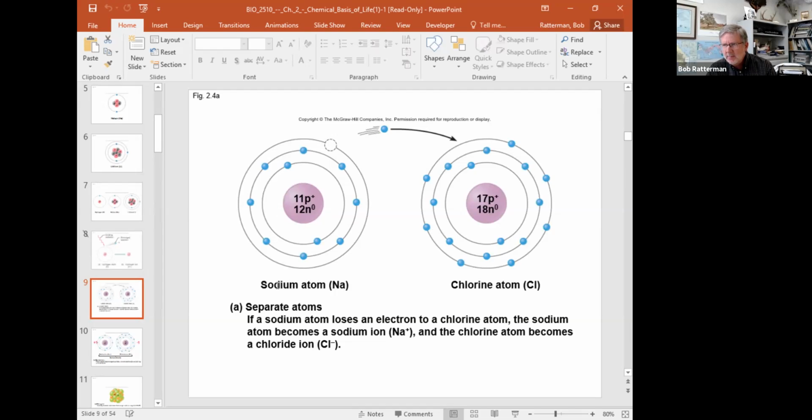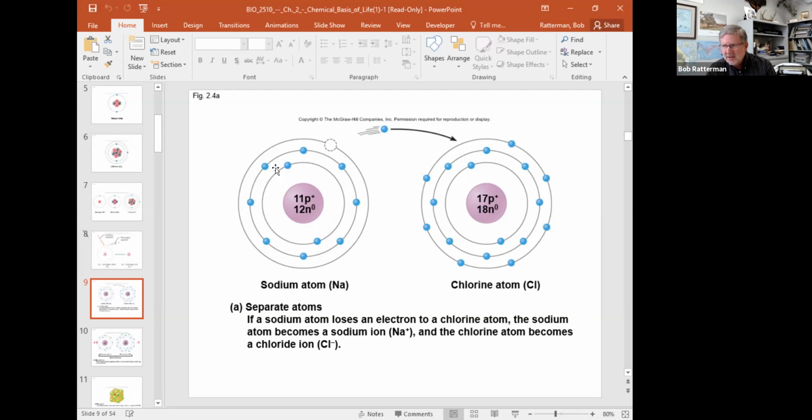We used the example of sodium and chlorine, these two atoms. You have to understand several things here. One thing you have to understand is how many valence electrons you find in the first, second, and third energy levels. You have to kind of just memorize this.